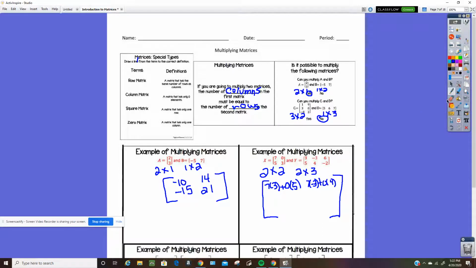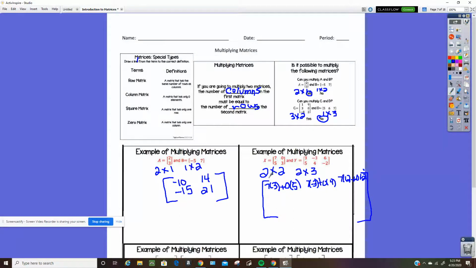And let me erase this here so I can make this a little bigger. Let me erase this bracket here. And then the last column here will be 7 times 6 plus 0 times -2. All right, and I'm going to end up with 2 by 3.